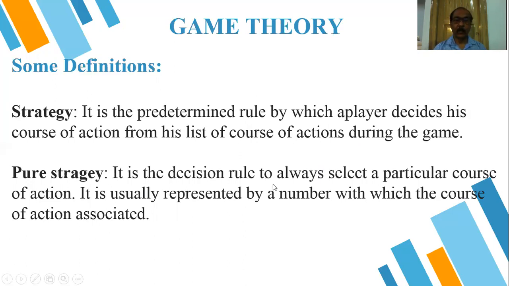It is usually represented by a number with which the course of action is associated. The courses of action, if we list them as 1, 2, 3, 4 like that, so if any player sticks to the fourth course of action, then it is known as the pure strategy.